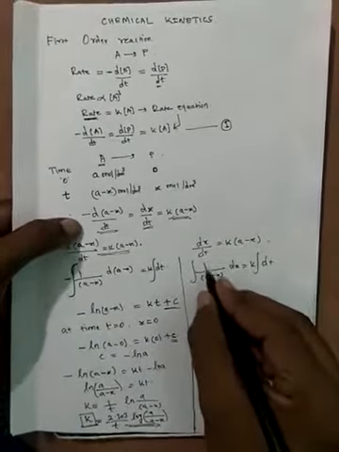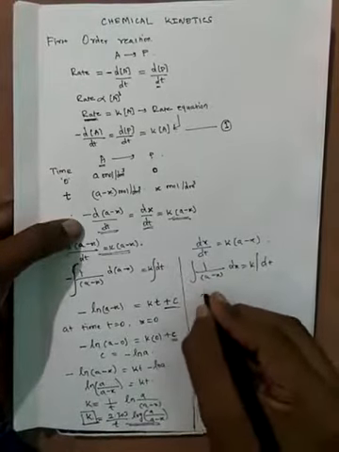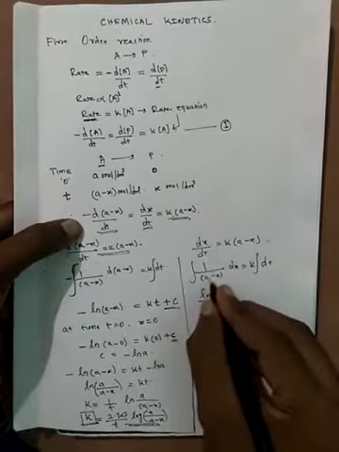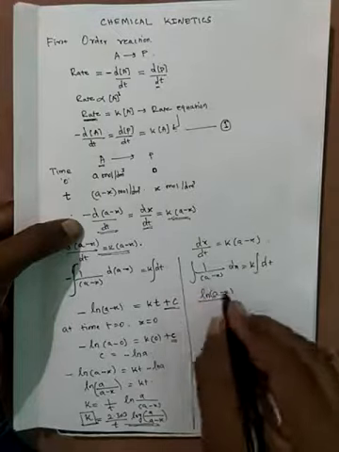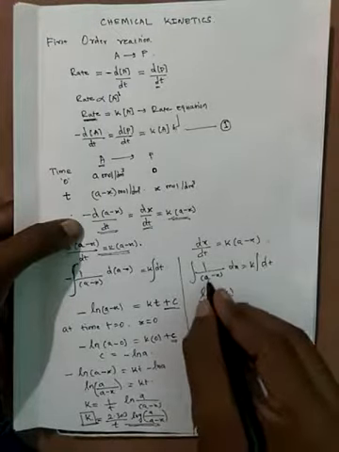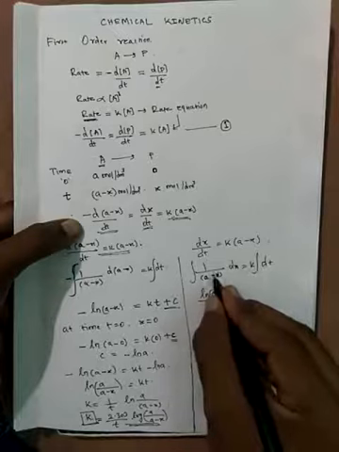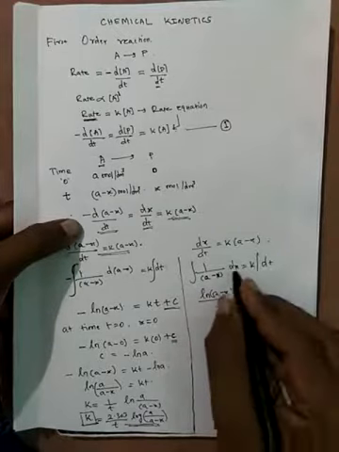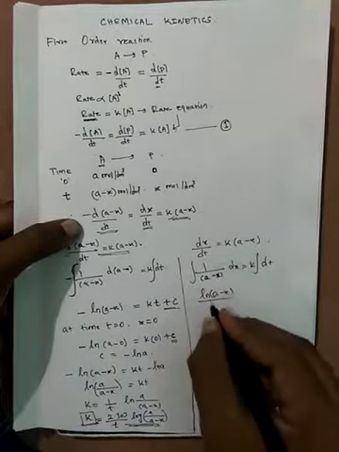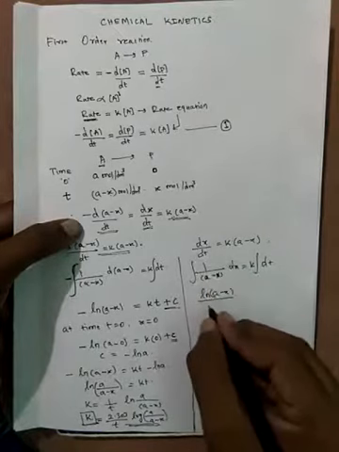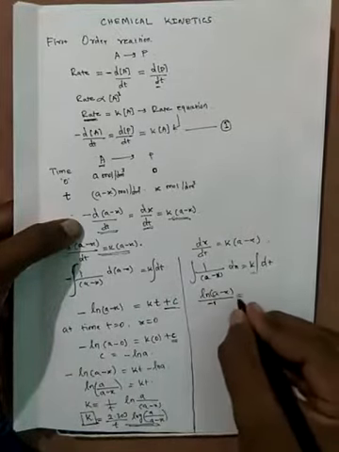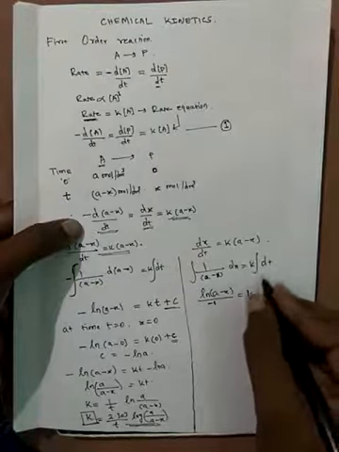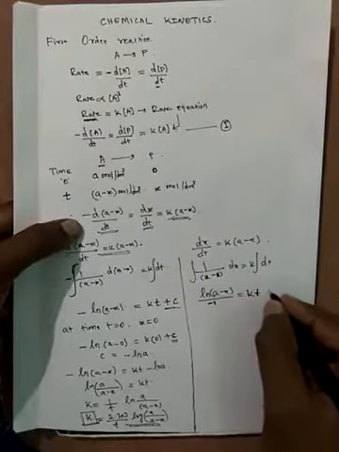If you integrate this, it is logarithm a minus x divided by the derivative of a minus x, where a is a constant, so 0 minus 1, so you get minus 1. Then dt, if you integrate, it will become t. Here also you'll get an integration constant.